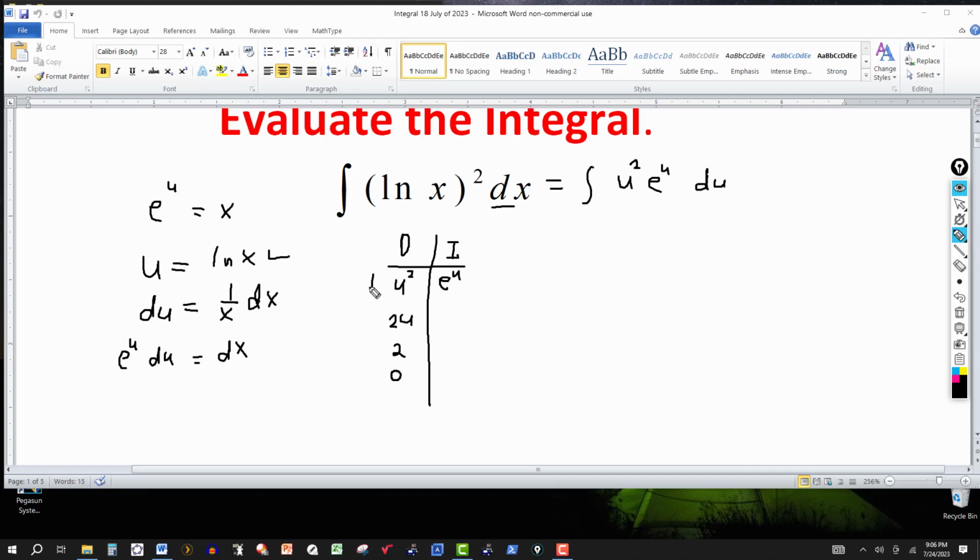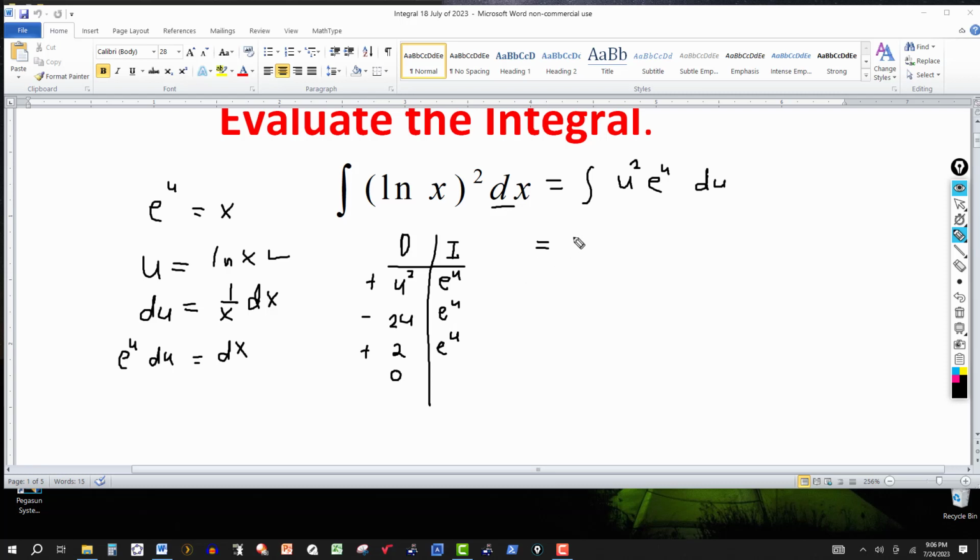And I put my signs on the far left here, plus, minus, they're going to alternate, and plus. Now on the right side, e to the u, the integral just gives me e to the u, so that's easy. E to the u, e to the u, and then we multiply along the diagonals here. So the first part of the answer in terms of u, now we still have to go back and change to the variable x, but here I have u squared times e to the u.